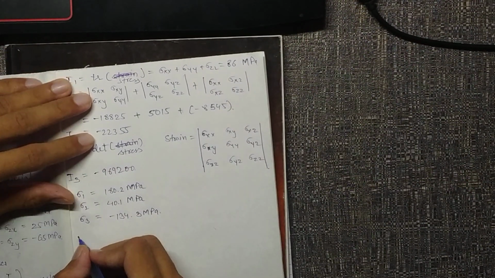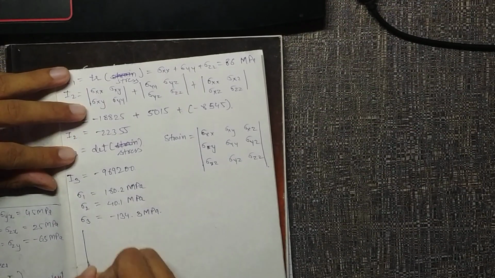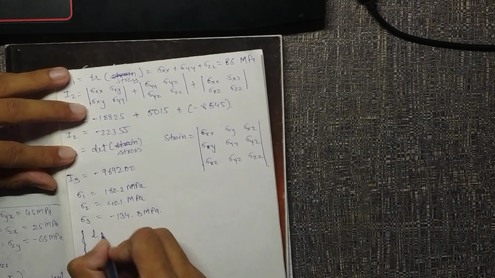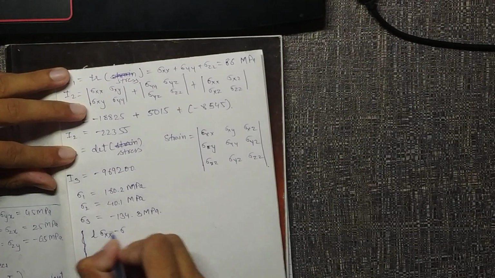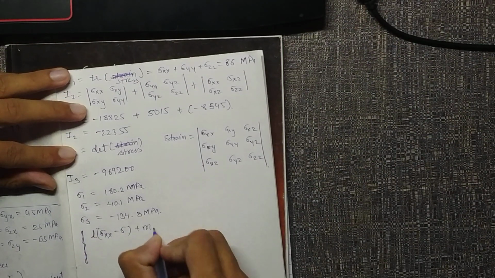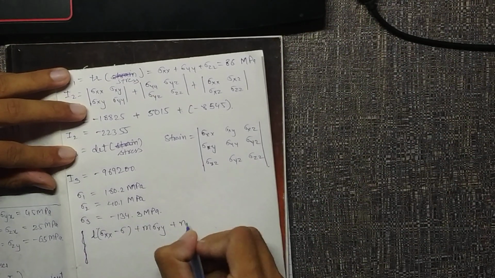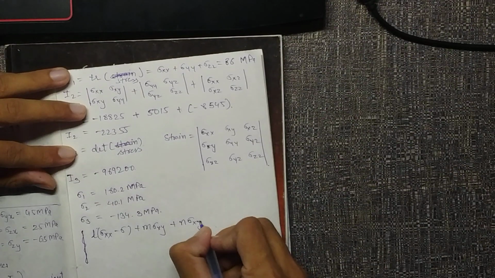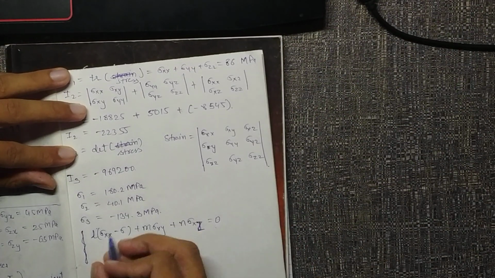So what's the method? It's L sigma xx minus sigma, plus m sigma xy, plus n sigma xz equal to 0.